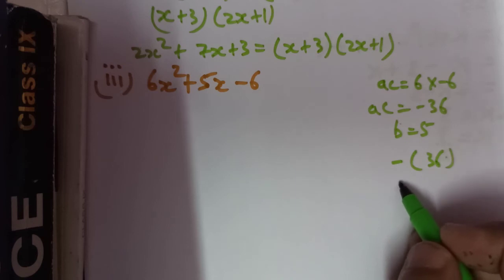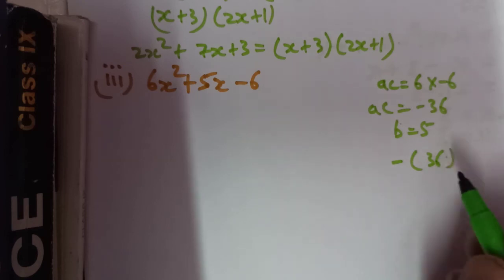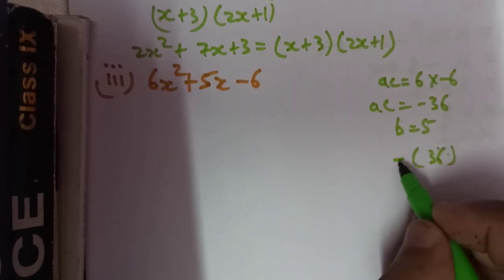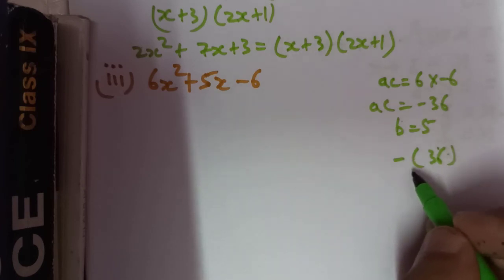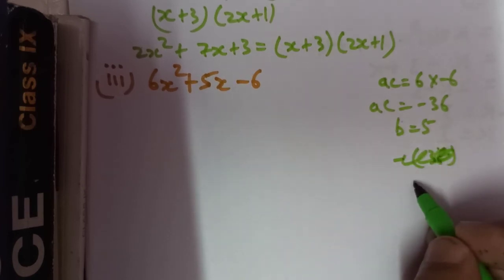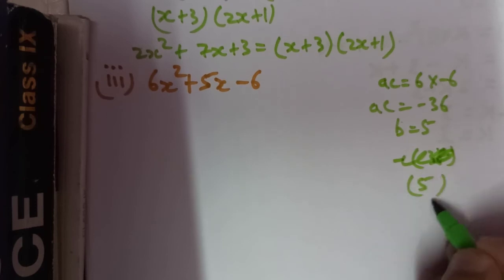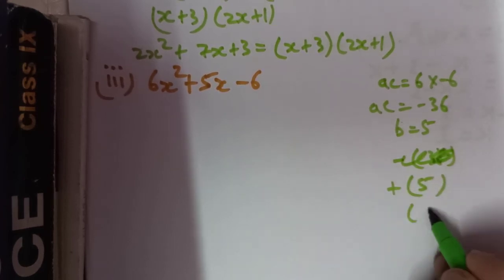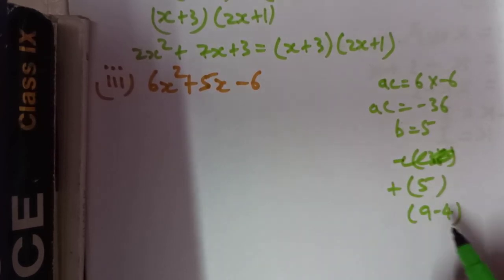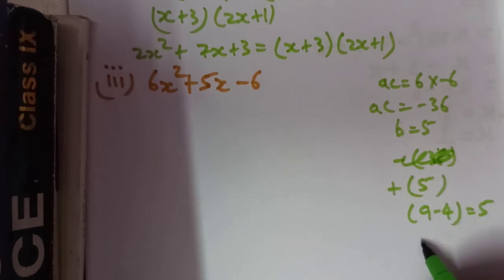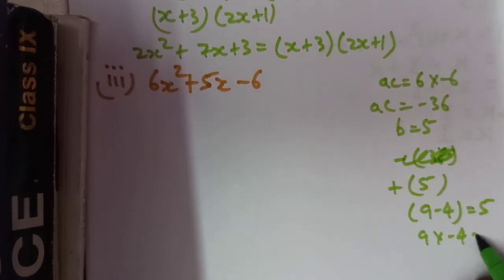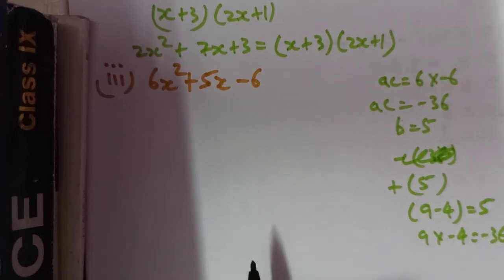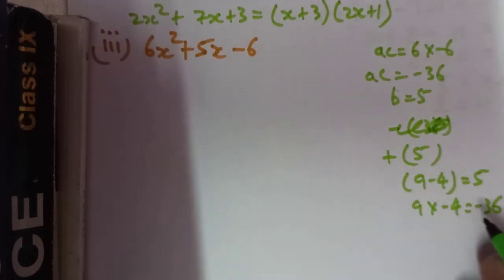So 9 minus 4 is 5, B is 5. So 5 can be written as 9 minus 4. Okay, so 9 minus 4 is 5, and 9 into minus 4 is minus 36. That means the factors will be plus 9 and minus 4.